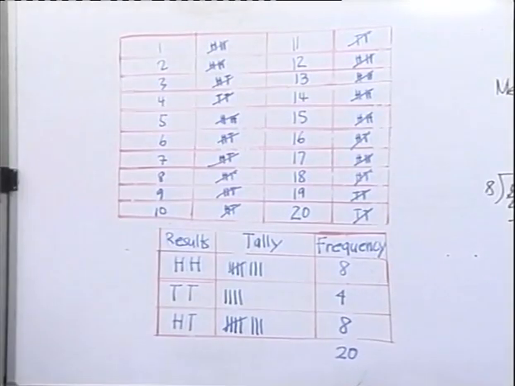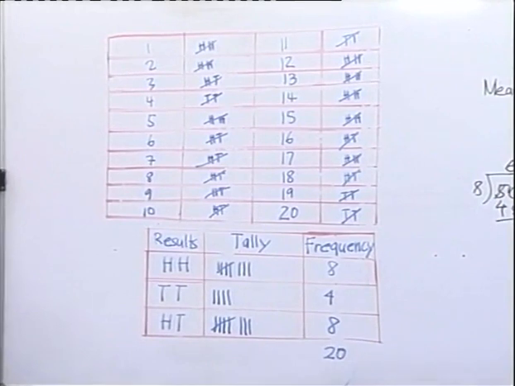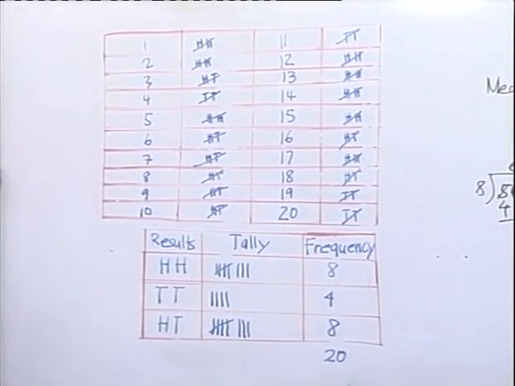So receiving students and ATs, our activity for today, this is what we are going to do. You are going to toss the coin. I have tossed the coin for 20 times. In your activity, you are going to toss the coin for 50 times.